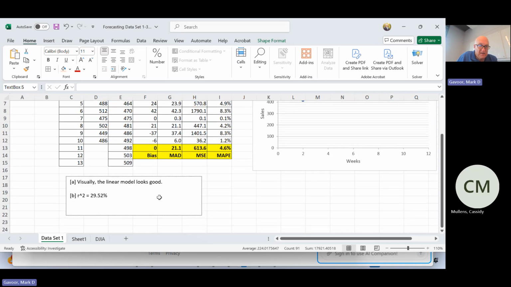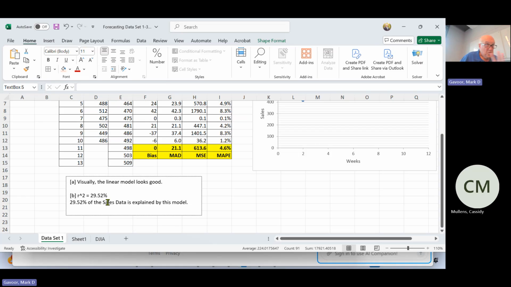And what do we want to say about that? 29.52% of the Y data, of the sales data, is explained by this model.